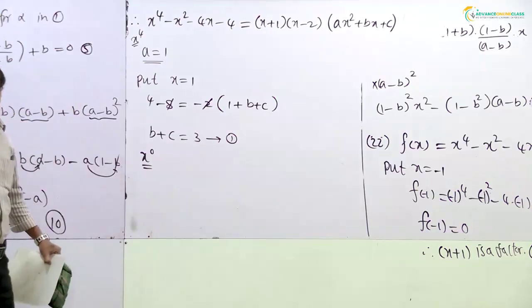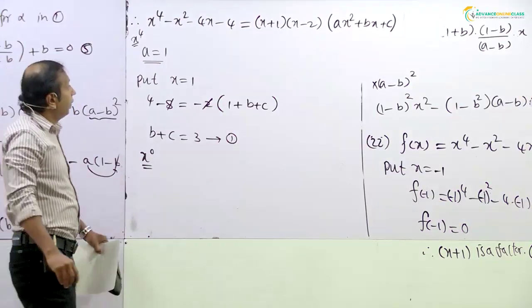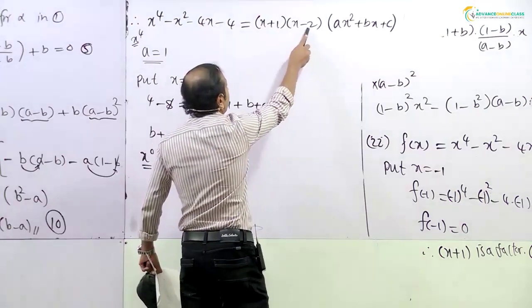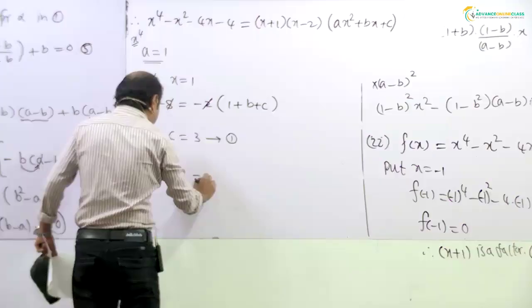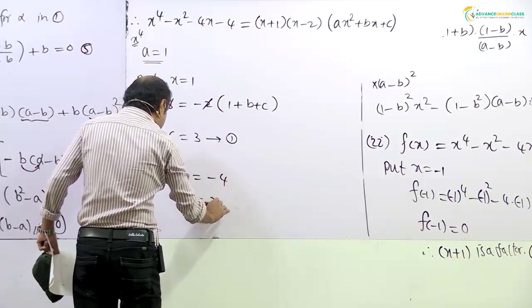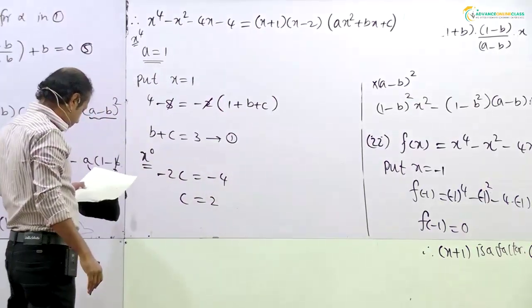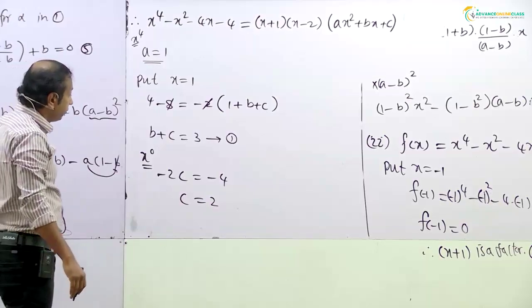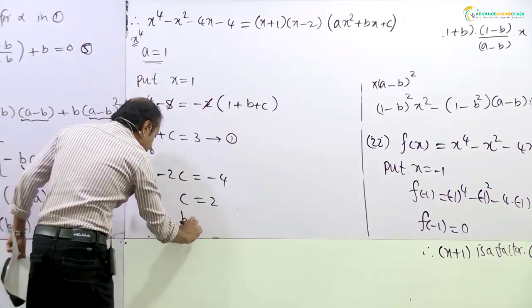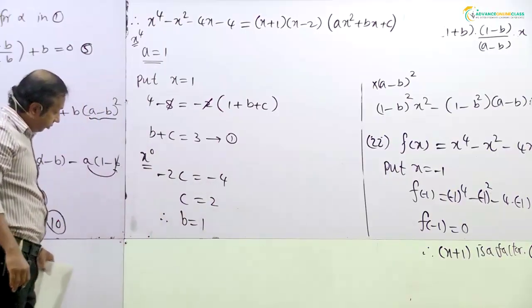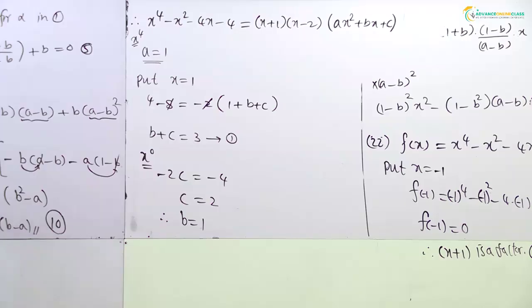Coefficient of x power 0. X power 0 when you compare here, minus 2 and c, minus 2c equals minus 4. C equals 2. When c equals 2, put here b equals 1. Therefore, b equals 1. Right? This way, we can find the second factor.